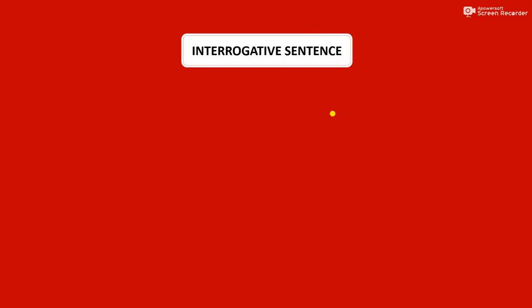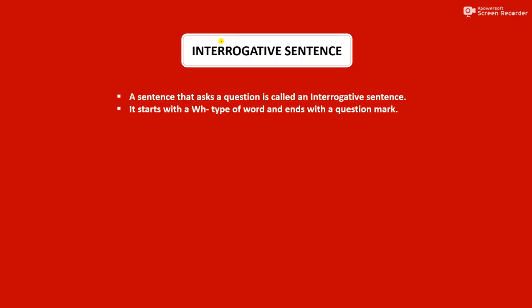Now let us move to the second one. The second is interrogative sentence. To interrogate means to ask a question. So from this we can say interrogative sentence is a sentence that asks a question, right?